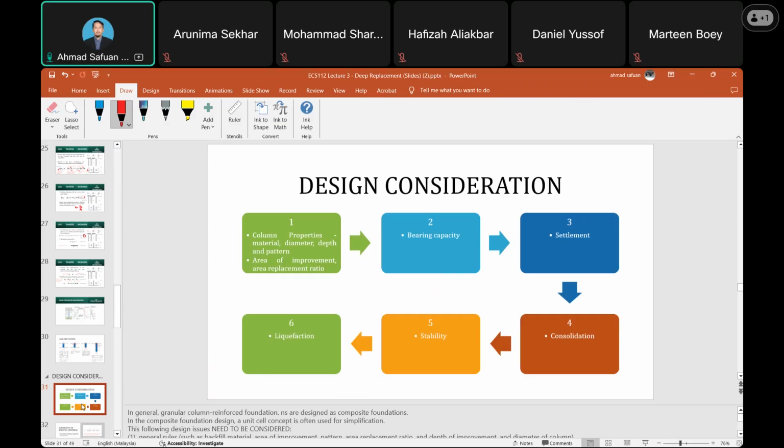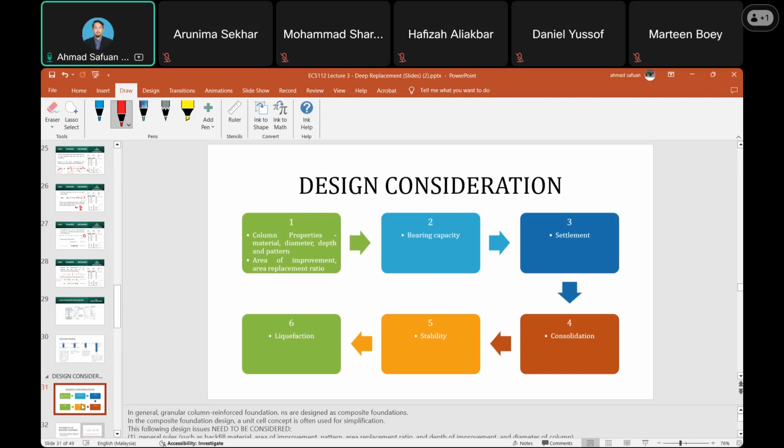Then we account for the bearing capacity. Settlements: how much settlement will occur? Consolidation: how long will the consolidation take to complete?